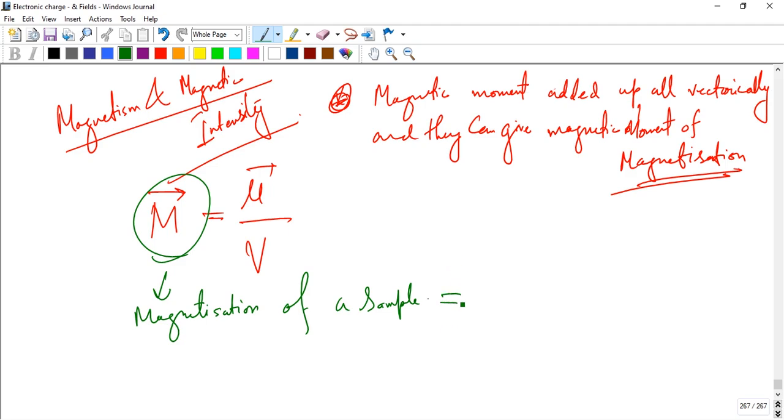That is, M equals magnetic moment by volume. We give this equation number 1.